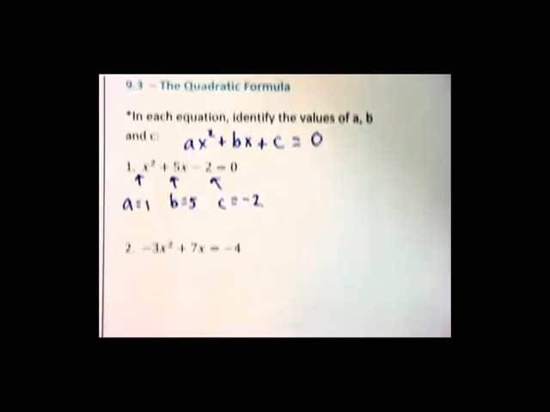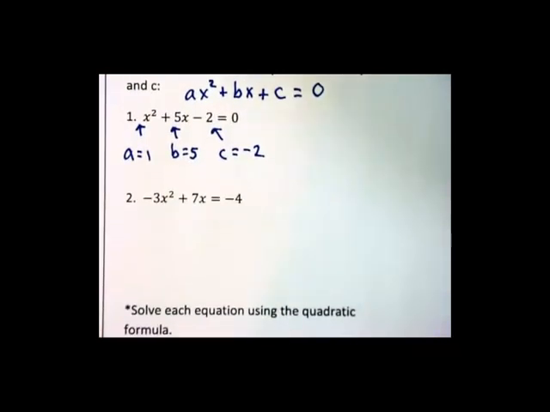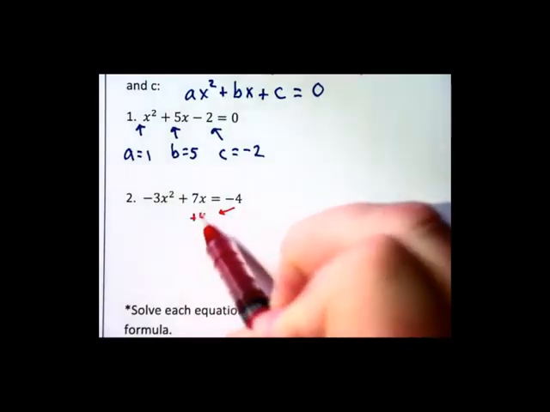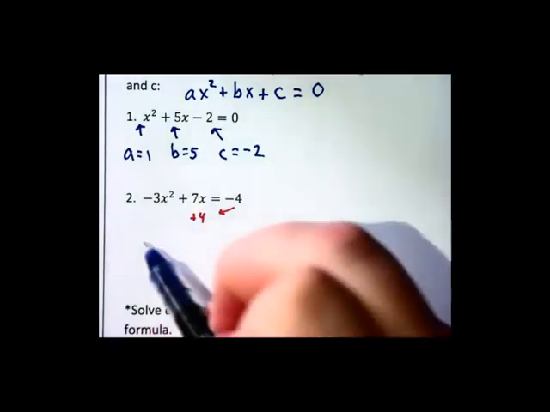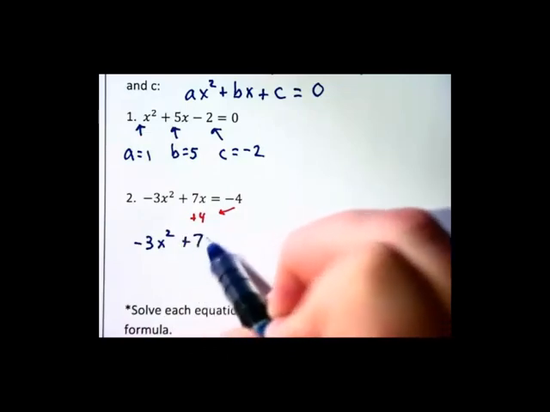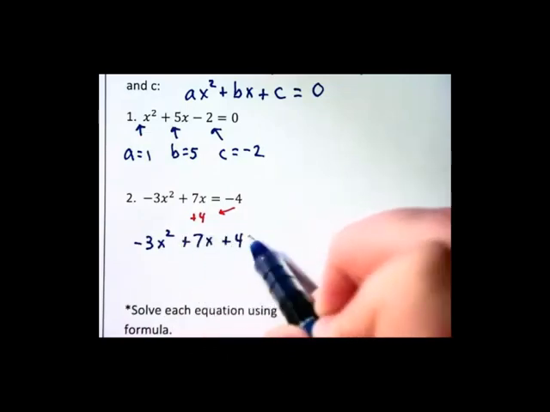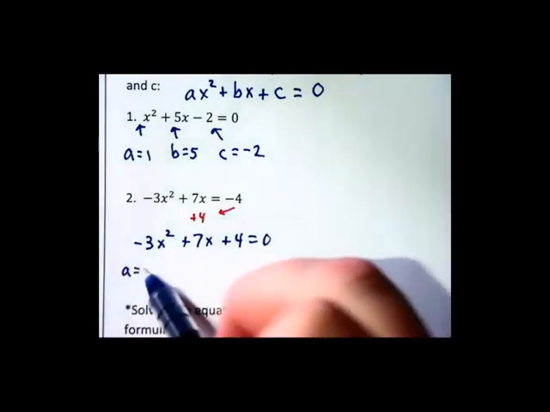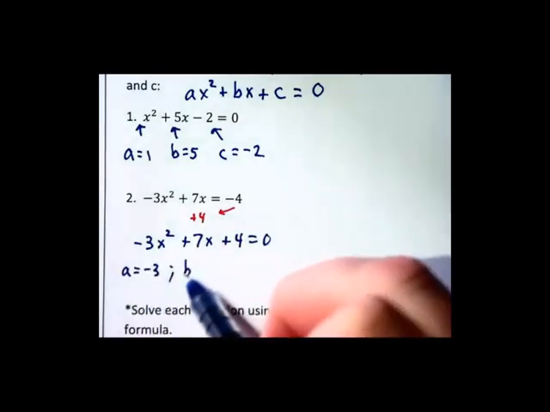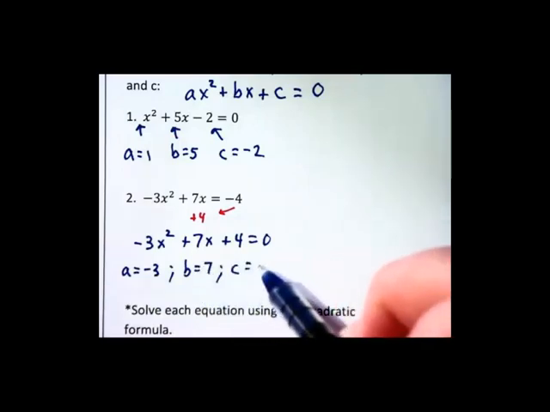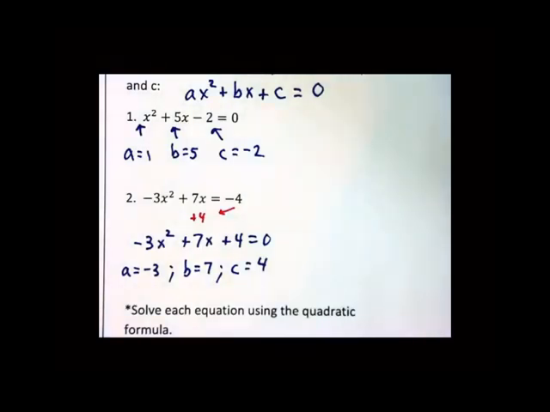If your equation is not set equal to 0, as in this next problem, you want to first add the 4 to each side and have negative 3x squared plus the 7x plus 4 equals 0. And then you can identify that A is equal to negative 3, B is equal to positive 7, and C is now equal to positive 4, not the negative 4.